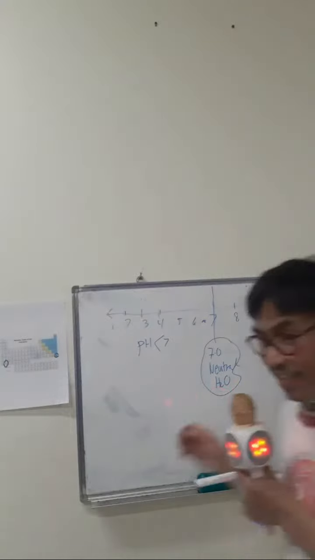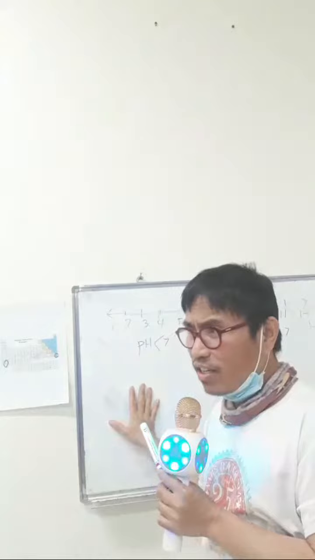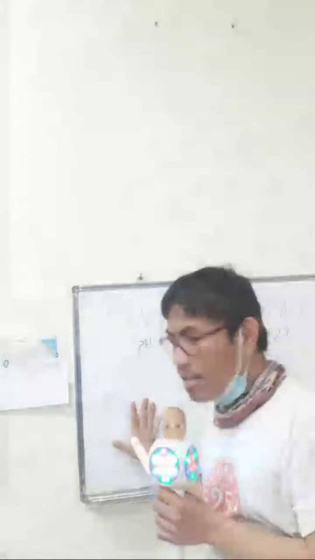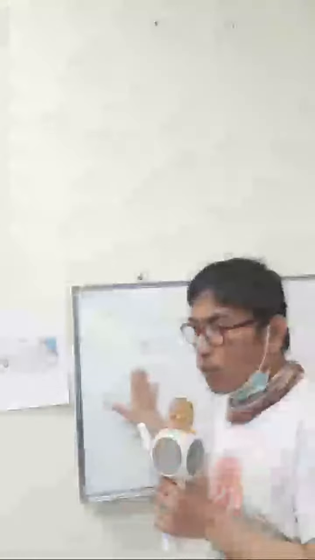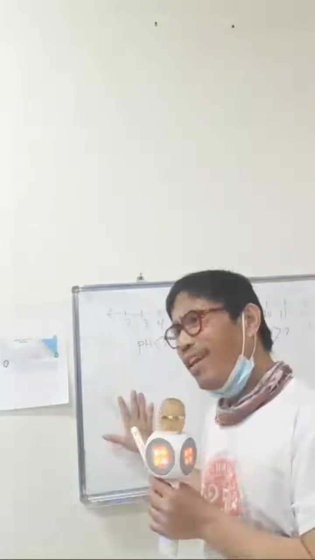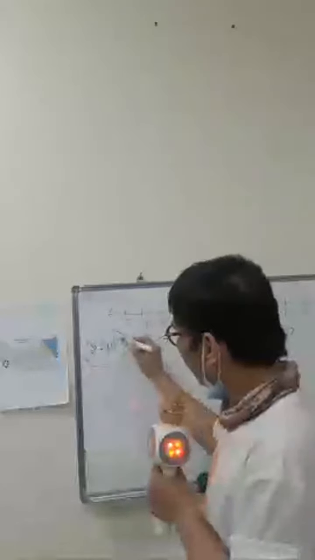Say for example, I have ascorbic acid, which is the acid found in almost all of the citrus fruits, vitamin C. So let's say based on the memorization, it runs a pH of 2.2 to I think 3 or 4, something like that. Let's say 2.2 lang. 2.2 is the pH of lemon. So, lemon fruit is highly acidic.